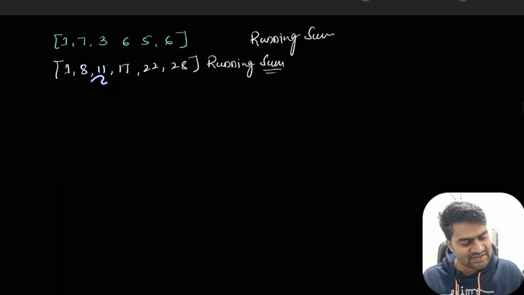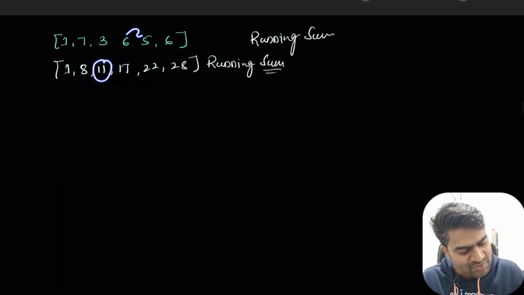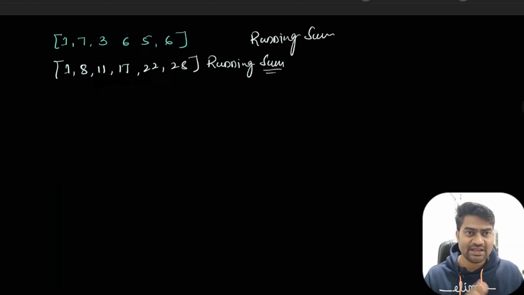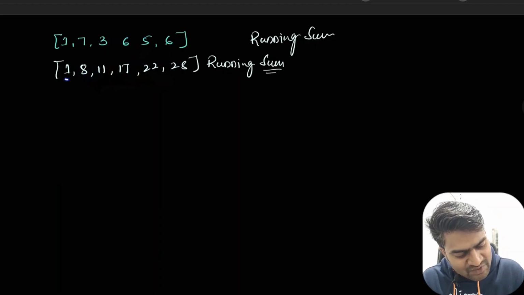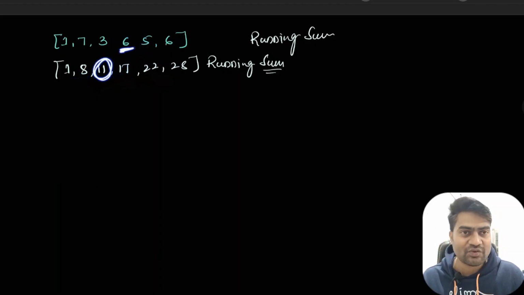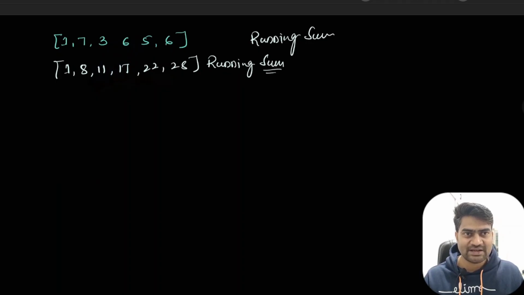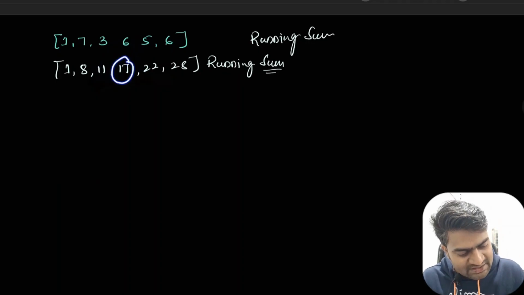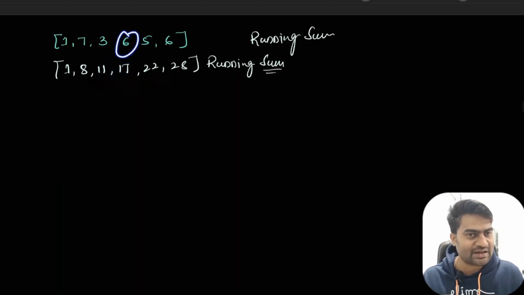This running sum array will give us the prefix sum for this particular number. It means we have already calculated the left sum. So this is the left sum for this particular number, and the other concept is that this is the running sum of this particular number, right?